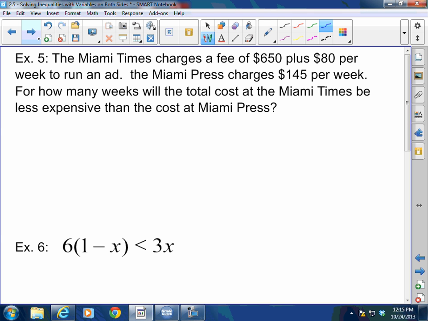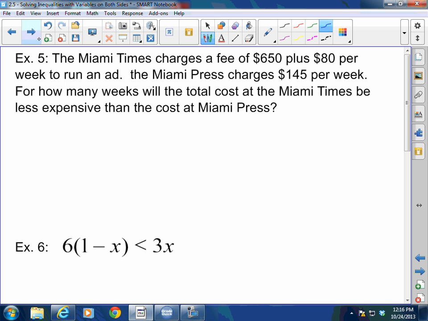Word problems. The Miami Times charges a fee of $650 plus $80 per week to run an ad. The Miami Press charges $145 per week. For how many weeks will the total cost of Miami Times be less expensive than the cost at Miami Press?